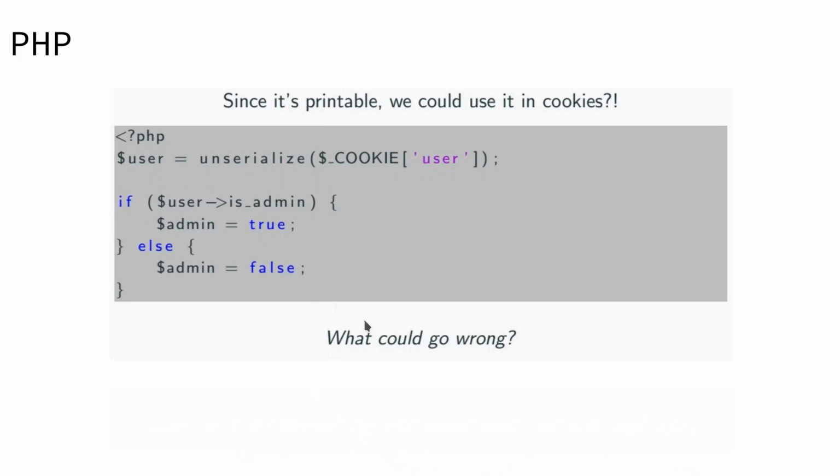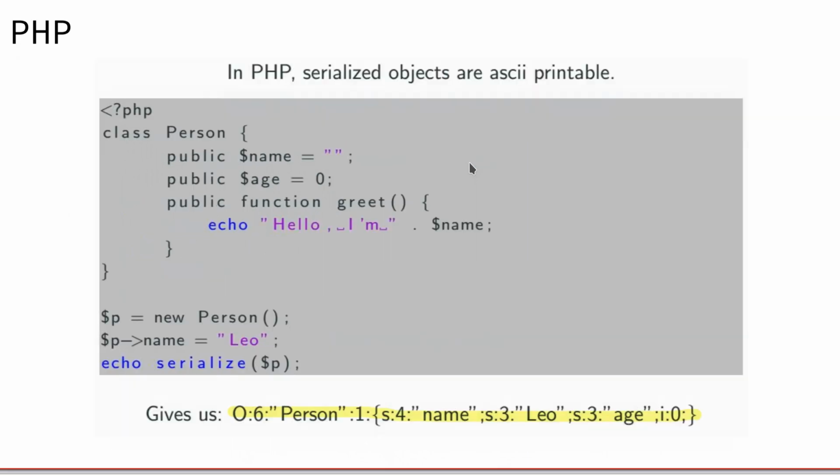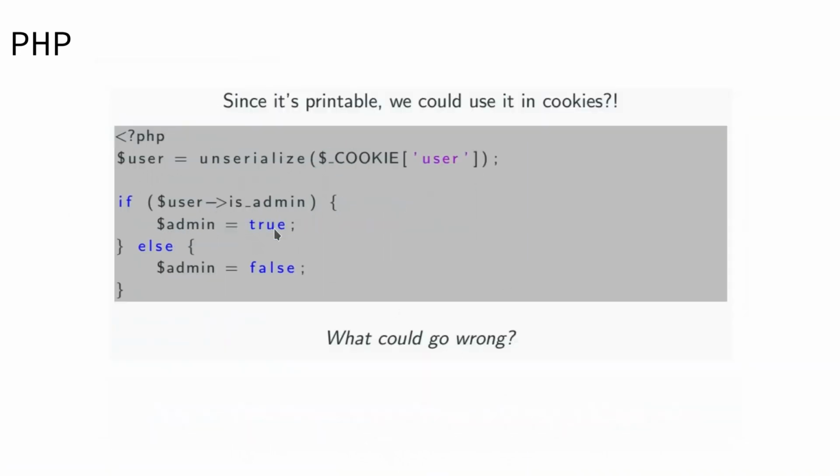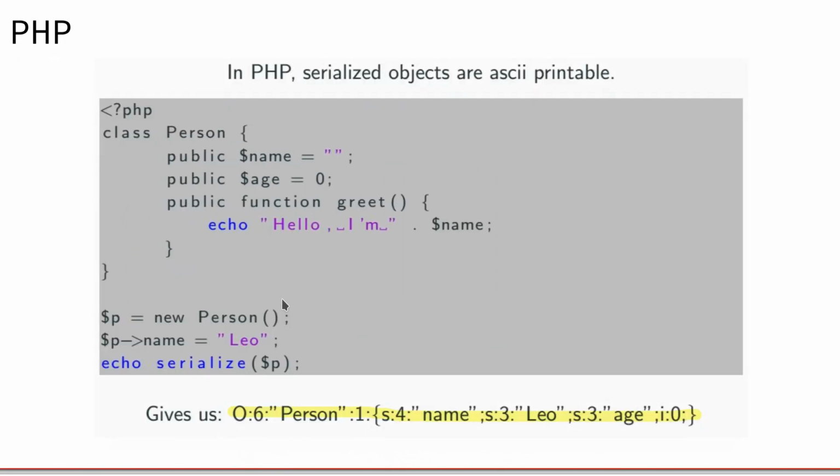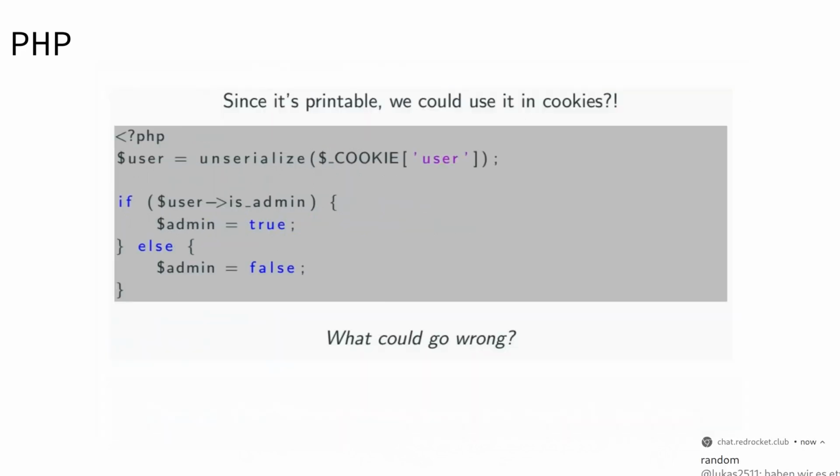So what could go wrong? Well, since this is stored in a cookie in this format, an attacker could just set the isAdmin value to true. And keep in mind, this is serialization, so the types, in this case the strings or integers, are stored within the serialization format.